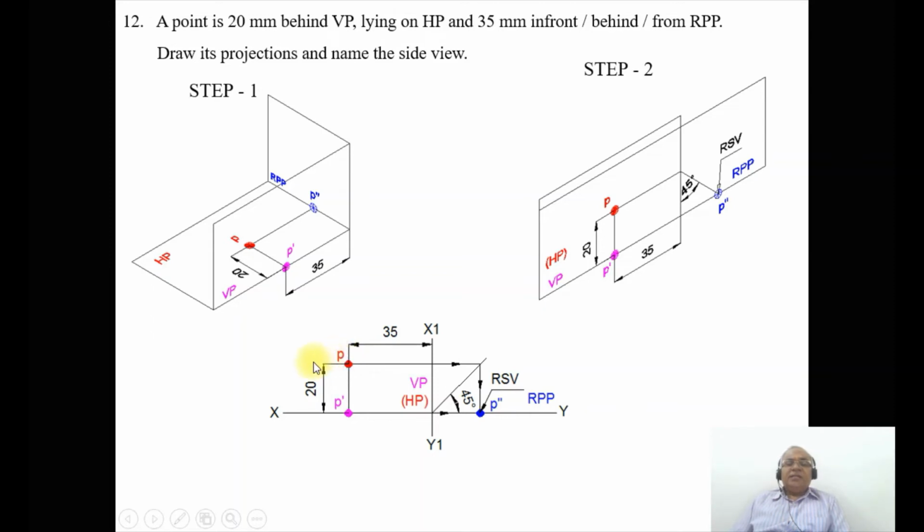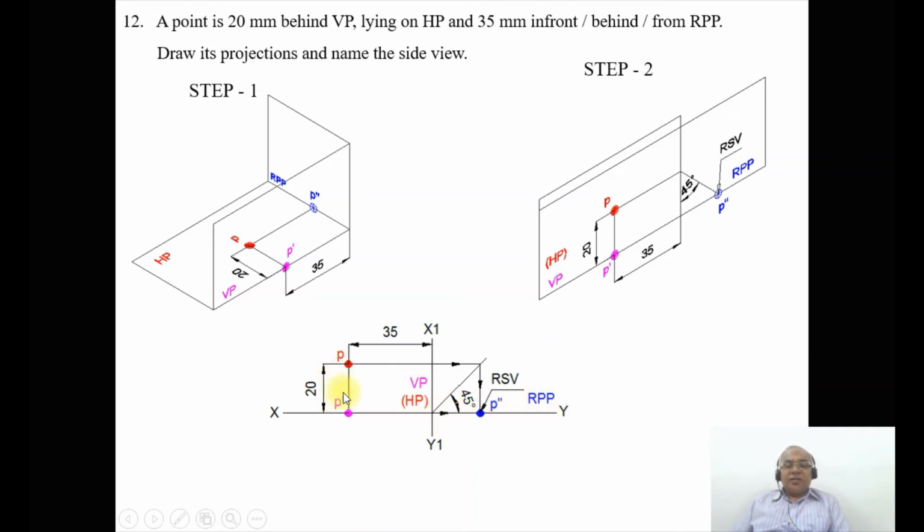You mark this point as P. And then draw a 45 degree line adjacent to HP, because in the profile view I can see the distance of both the front view as well as the top view. So you project that front view onto the profile plane by drawing a line here.